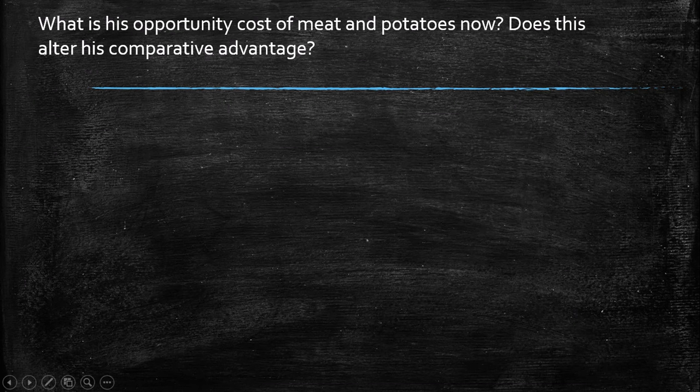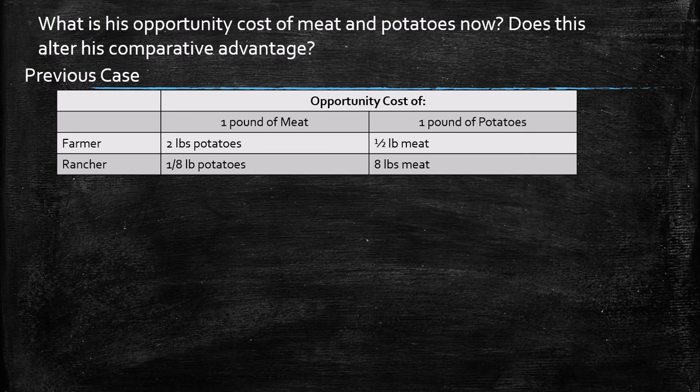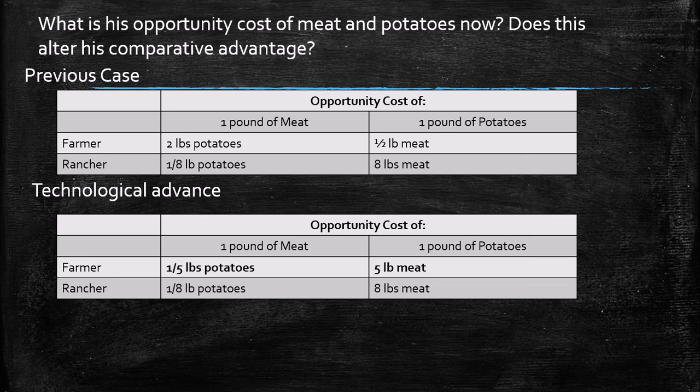So here, his opportunity cost of meat and potatoes now, does this alter his comparative advantage? Here was the previous case of the opportunity cost, and now with the technological advance, the opportunity cost of meat is really lower.